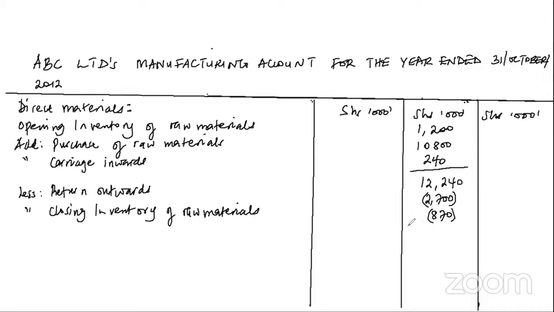So when we minus the return outwards and the closing inventory of raw materials from our 12,240, we come up with what we call the cost of raw materials consumed.